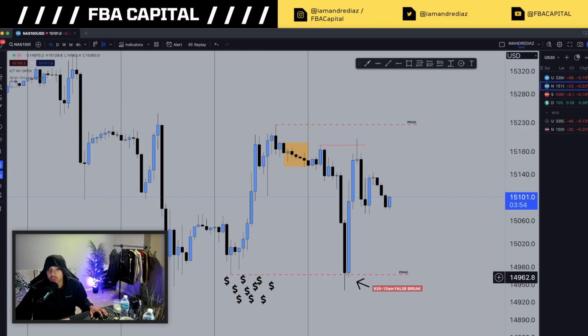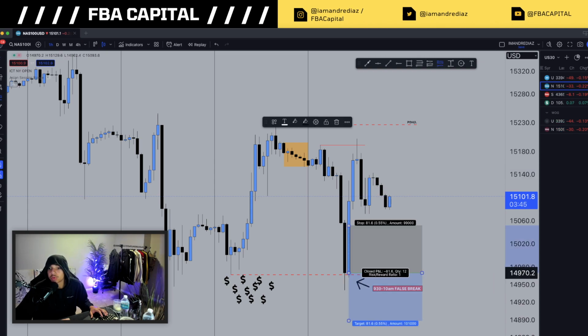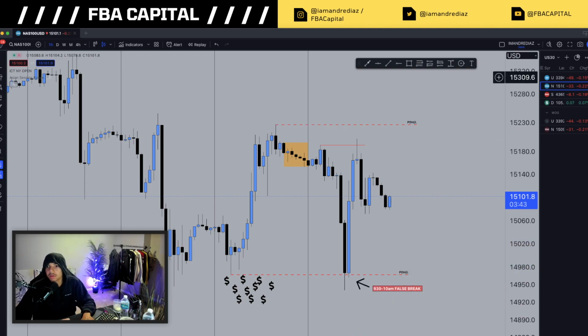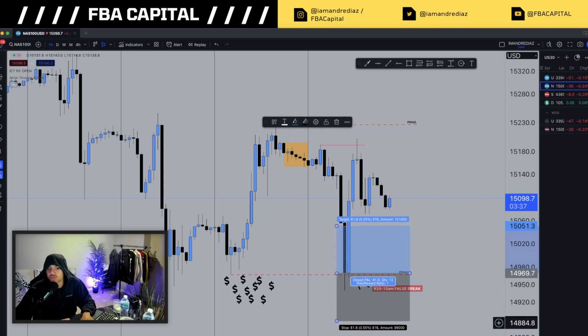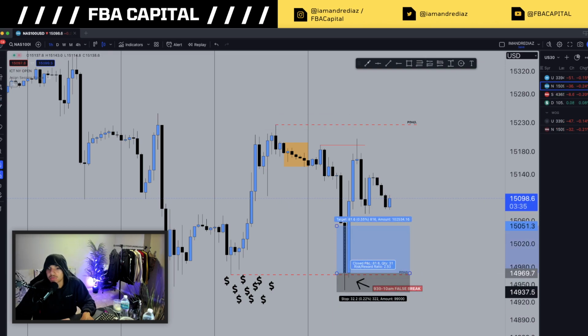Price came down, targeted it, and this is what led me to want to take price going higher. I bought right at the previous day's low, expecting price to go higher. I had about a 30-point stop loss right over here. So with 30 points, it gave me a good risk to reward. I think my stop loss was like right near that wick.